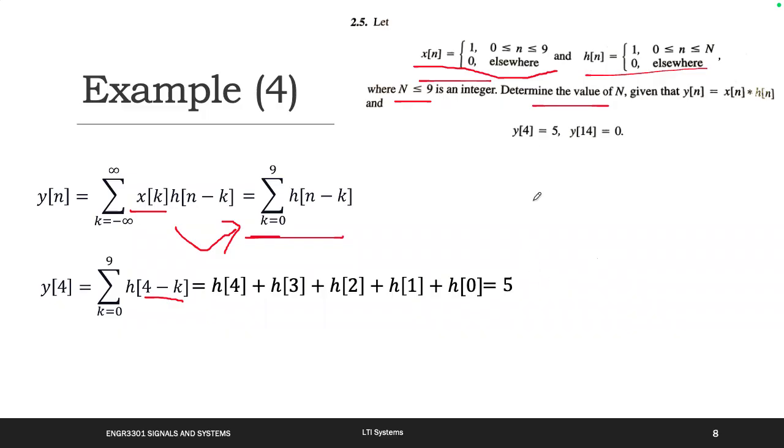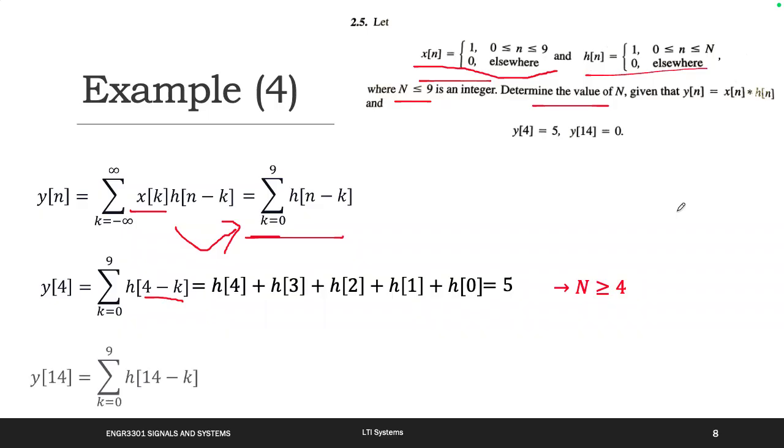Yeah, so this we have already got, and which means n is greater than or equal to 4. Am I right? That makes sense to you? Because you can see n is at least greater than or equal to 4.